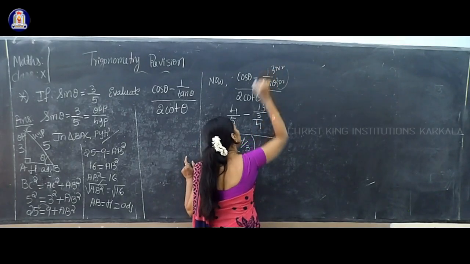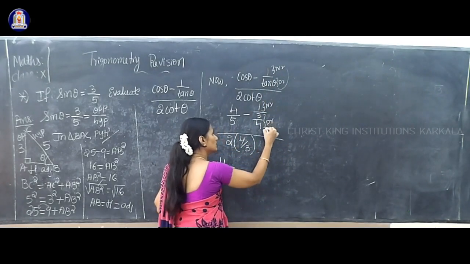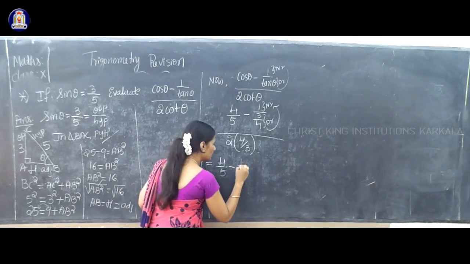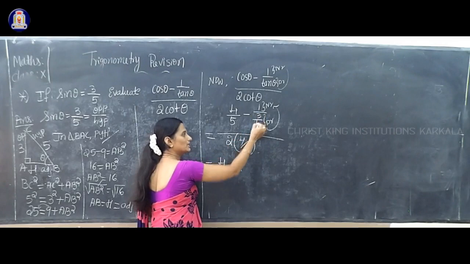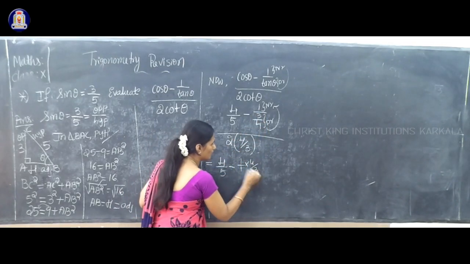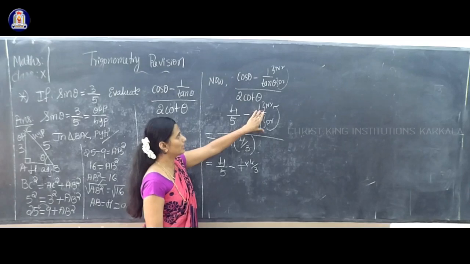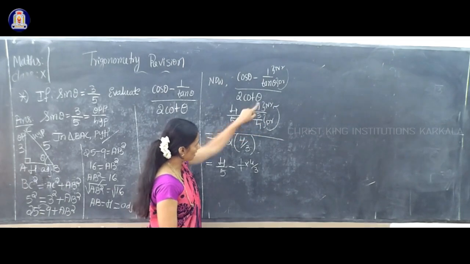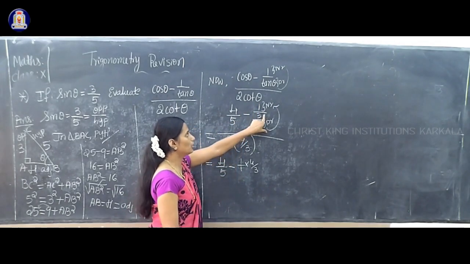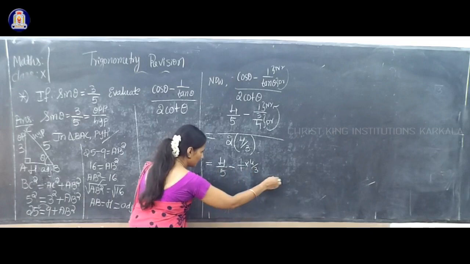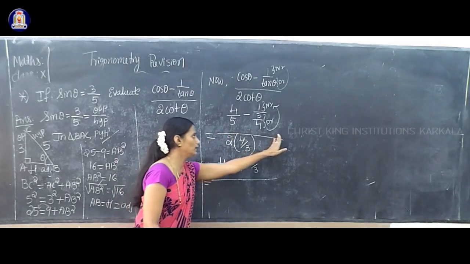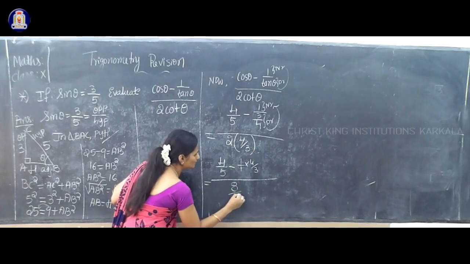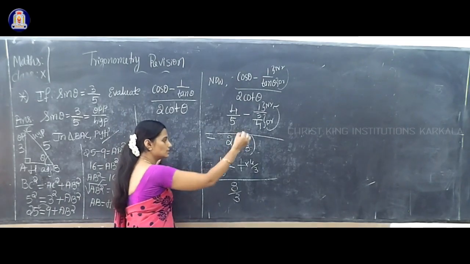Bring this denominator to the numerator. 1 divided by tan: 1 is the numerator, tan is 3 by 4. So 1 is 1 divided by 1, and the denominator goes to the numerator, so it is 4 divided by 3. Whole divided by 2 into 4 by 3. 2 into 4 is 8 divided by 3. Don't cancel the 2s.